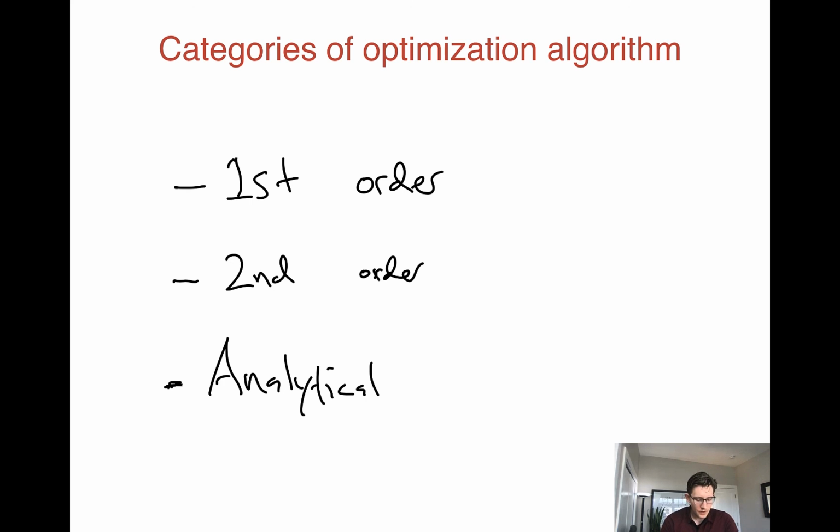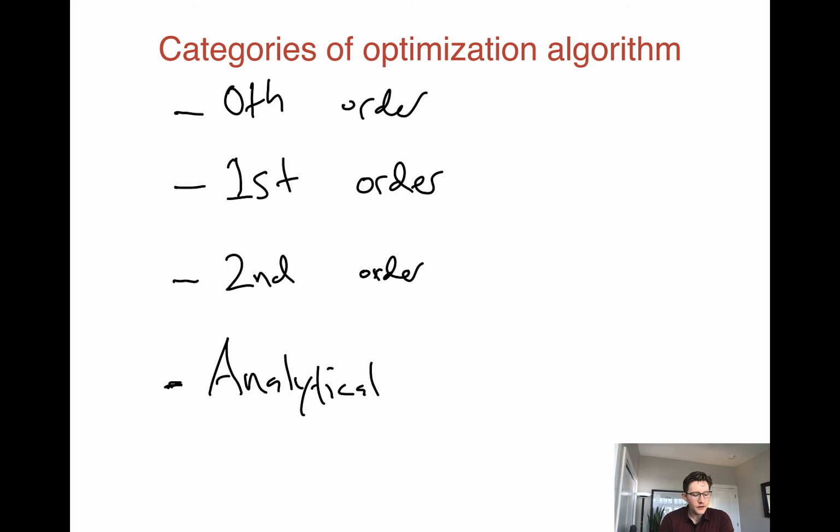Another category is something you might call zeroth order or derivative-free optimization. These are algorithms that apply when we can't even compute the derivative of our function, not even the first derivative.